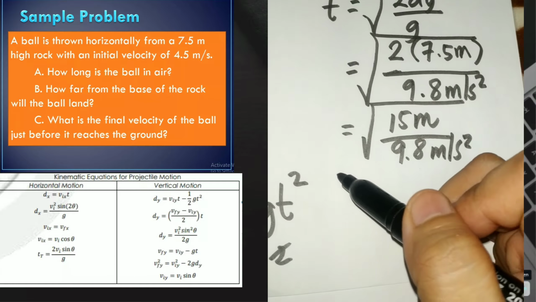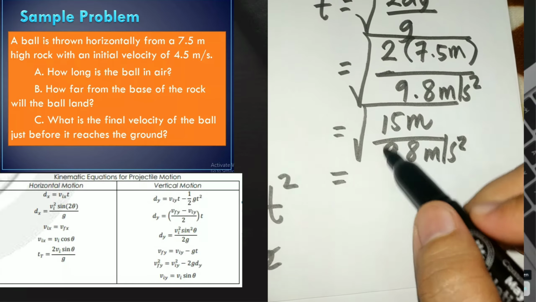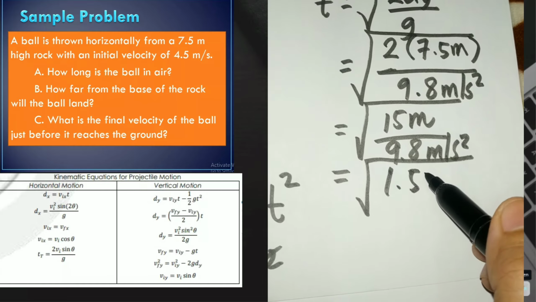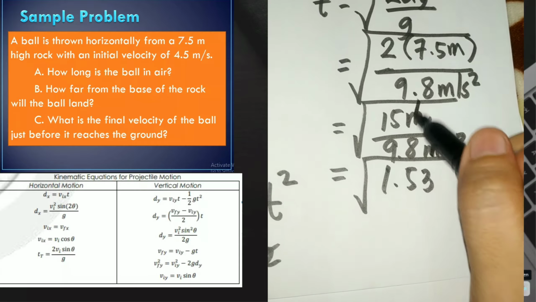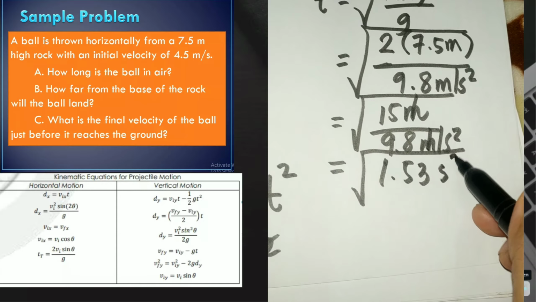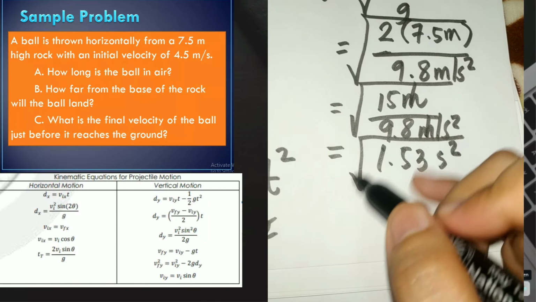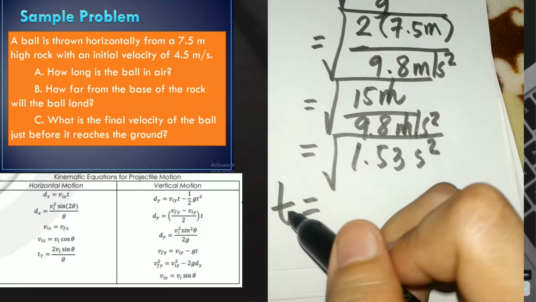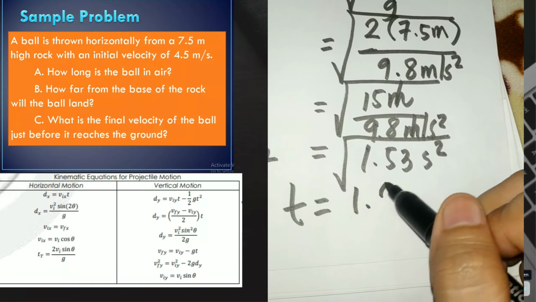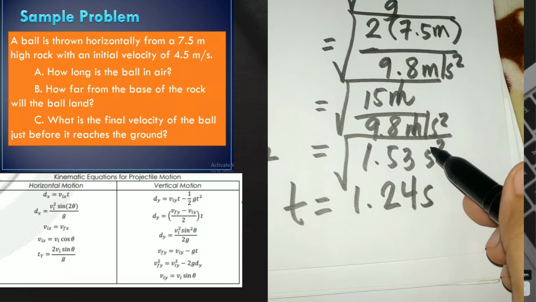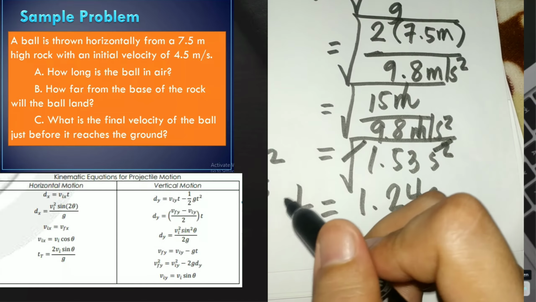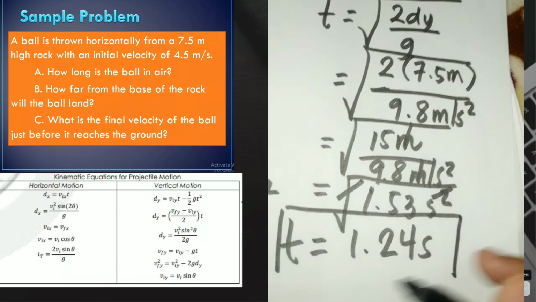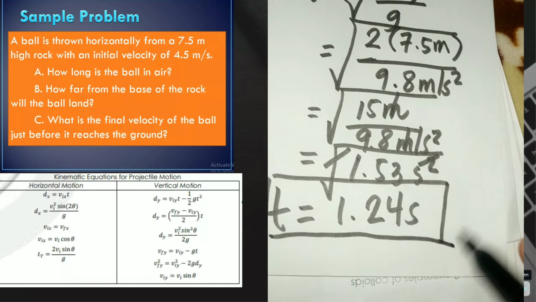So 15 meters divided by 9.8 is square root of 1.53, meters cancelled, second squared. So square root of 1.53, that will give you your time, which is 1.24 seconds. This is your final answer for letter A.